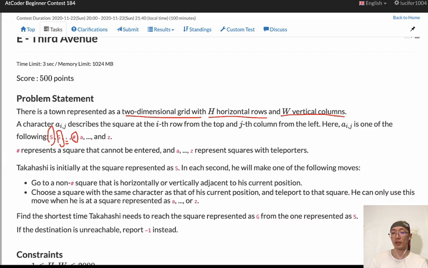And one more thing is that we have teleports. They are lowercase English characters. So that means if there are A1, A2, A3, and AK, we can in one step go from A1 to A2, or A1 to A3, or A1 to A4.